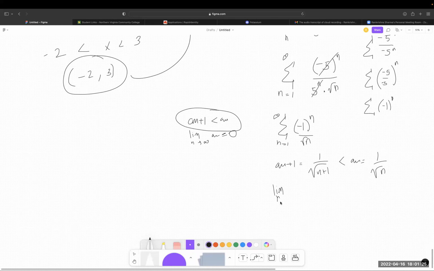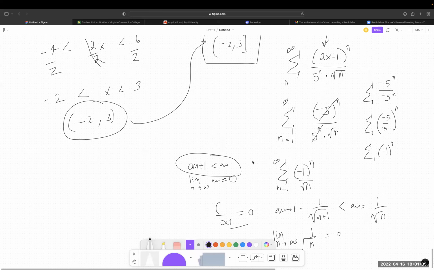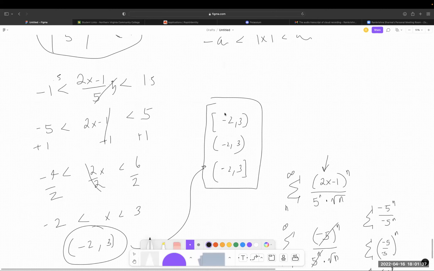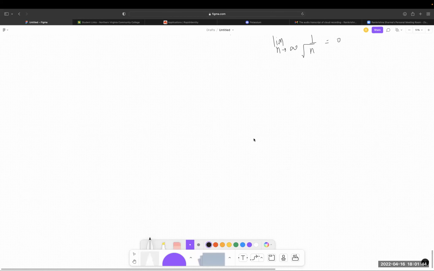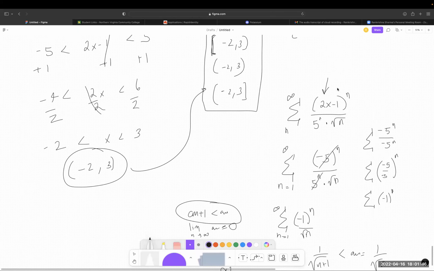And the limit as n approaches infinity of a of n is also equal to 0, because a constant over infinity is equal to 0. Therefore, we converge and we should include the -2. So we'll include it here.